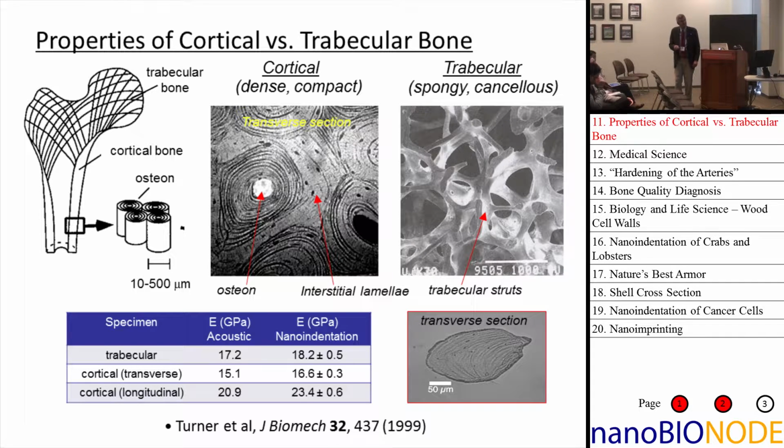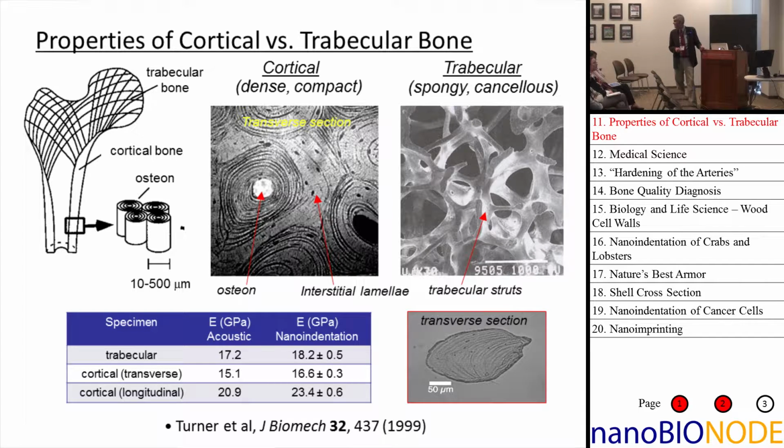What we did was to go into these trabecular struts, and you can take individual struts and mount them, and you can do indentations in the struts, and compare those to what you get in the dense cortical bone. When you do that, the answer is shown here: the trabecular bone, as we measured it in these struts, has a modulus of about 17.2. The cortical bone is anisotropic. Transversely, it's about 15.